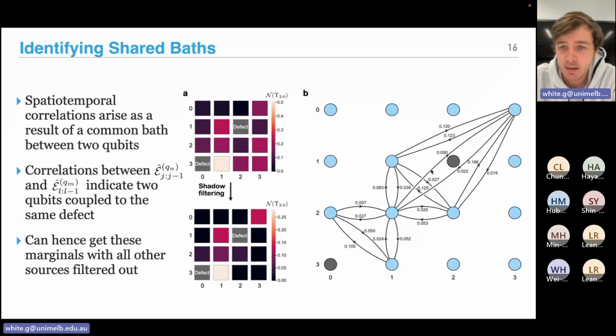These correlations allow us to say which qubits have a common cause environment. So we could see that the qubit that I'm highlighting here has a common cause with this qubit, and this qubit, but it does not have a common cause with this qubit, because even though the latter case is non-Markovian and is coupled to a defect, it's actually coupled to a different defect.